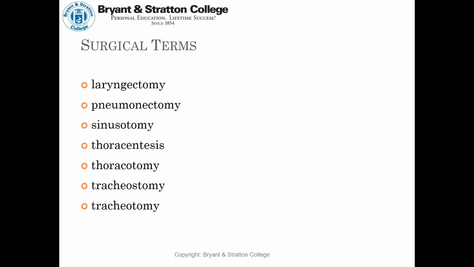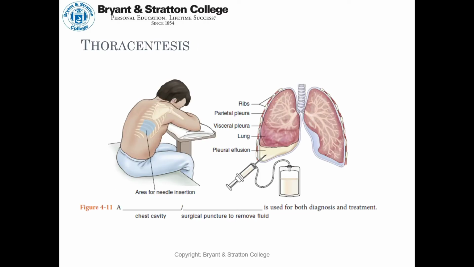So surgical terms, big one to talk about here is thoracocentesis. This is where you're using a relatively large needle, and you're going to be draining what's called pleural effusion. It's basically fluid that's outside of the lung.